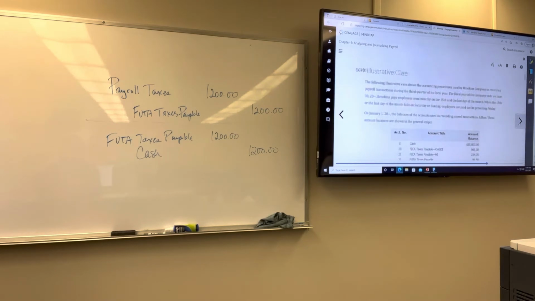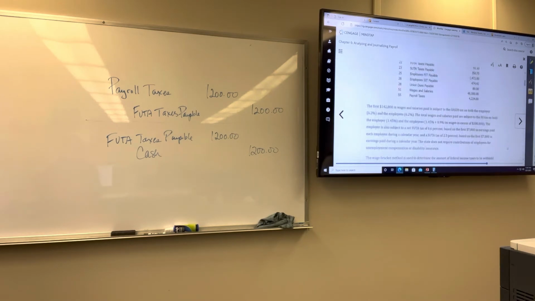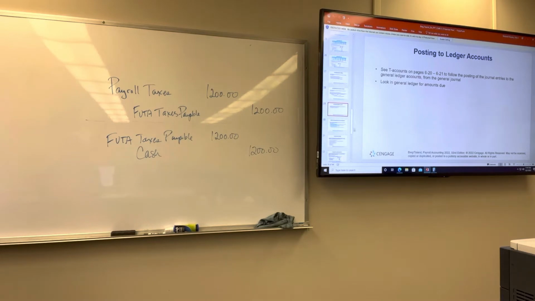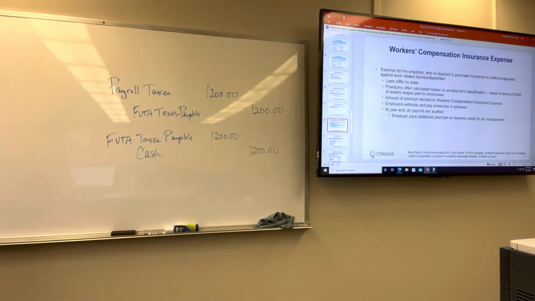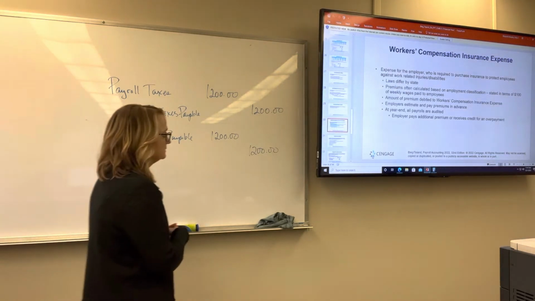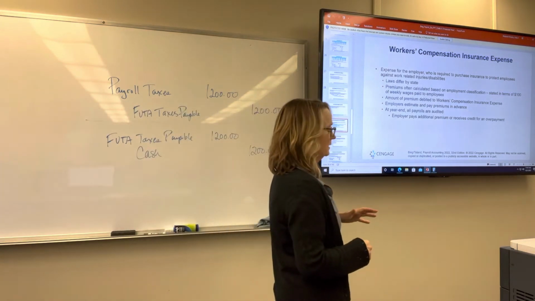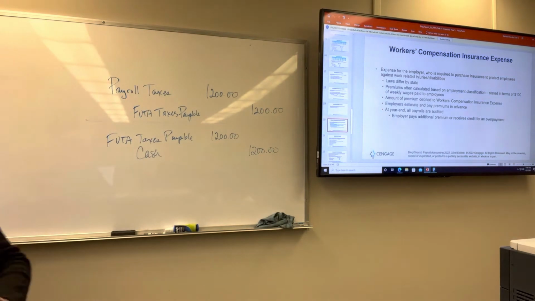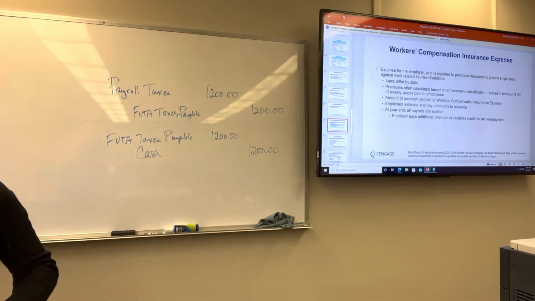Sorry. Oh yeah, it's the illustrative case, so we can take a look at that as well. All of that gets posted to the general ledger, and when we look at the illustrative case, we'll see what happens after that point.